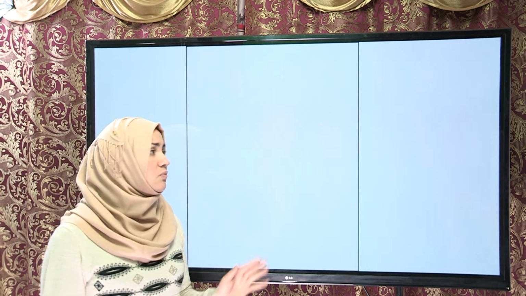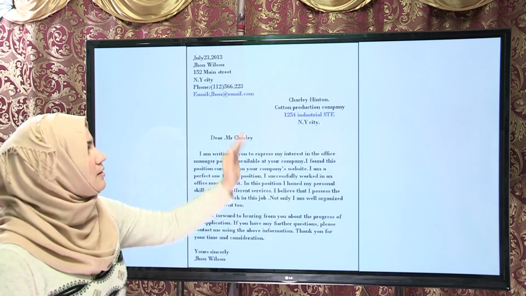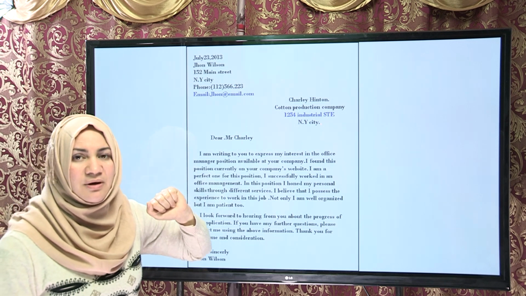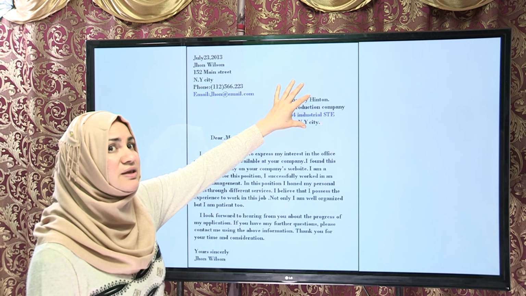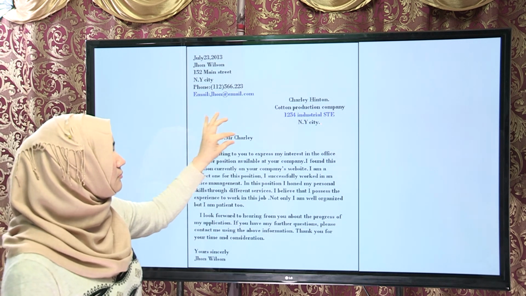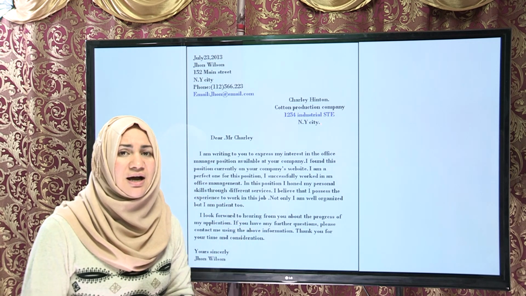Of course, with this last point, we will see how this application letter can be, the final view of this letter. So it will be like that. White piece of paper, your information, the company's information. Then we use the word dear to start our letter.